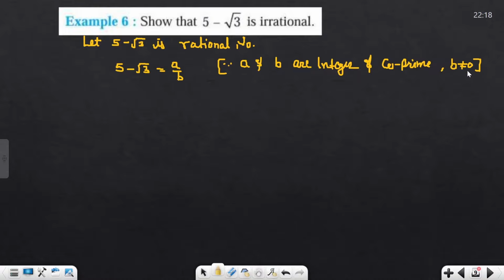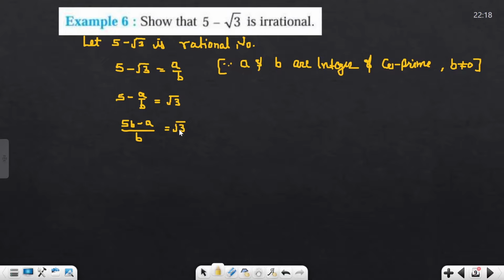We write the same thing in each part, type 1 and type 2. Now change the side of root 3. Root 3 comes here as positive root 3. Change the side of a by b, minus a divided by b. Take the LCM: 5b minus a divided by b is equal to root 3.